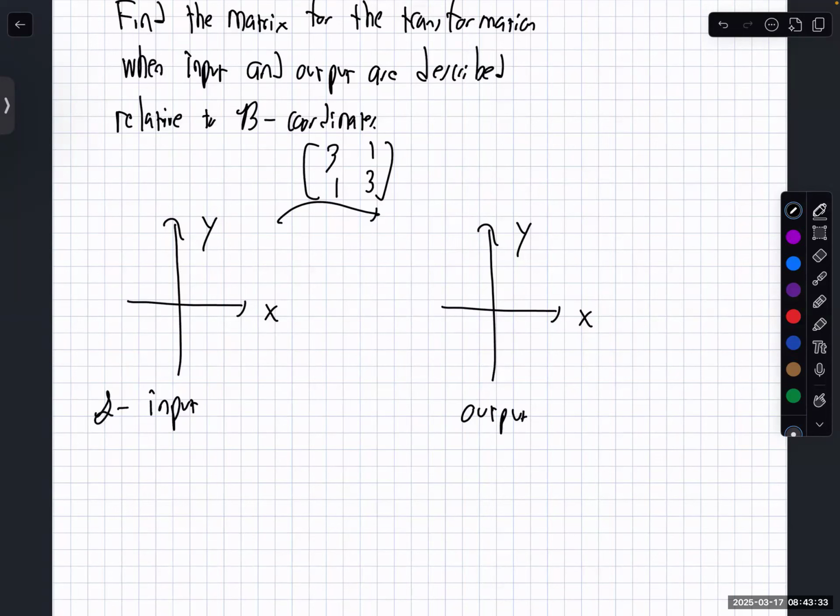You now want to decorate this and point out the fact that the matrix is taking S inputs to S outputs.